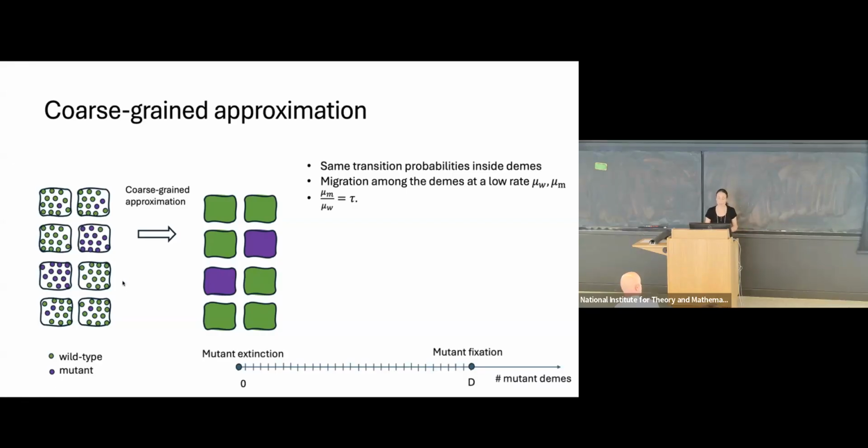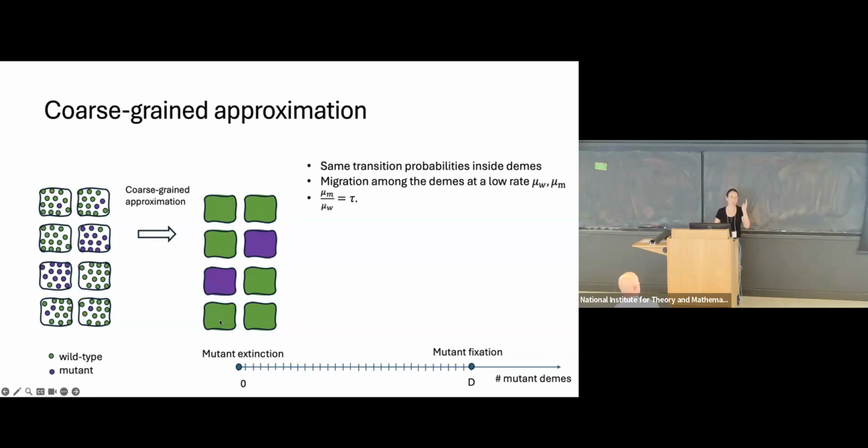This is a very high-dimensional stochastic process because you have to keep track of the number of mutants and wild types independently in each island. If you have D islands, you have D times 2 dimensions in your stochastic process. Not so great. This trick turns it into a 1-dimensional Moran process, but your object is the number of fully mutant islands.